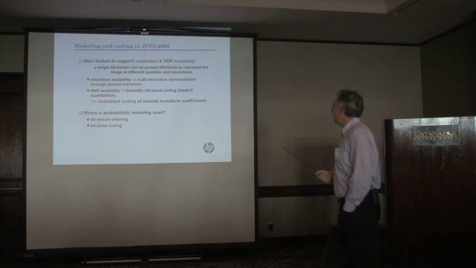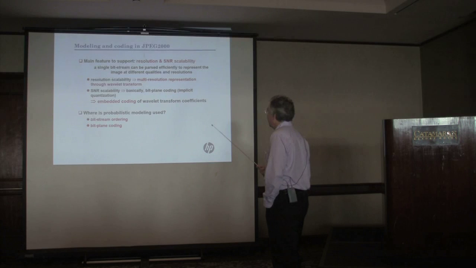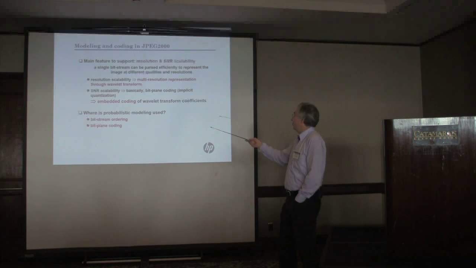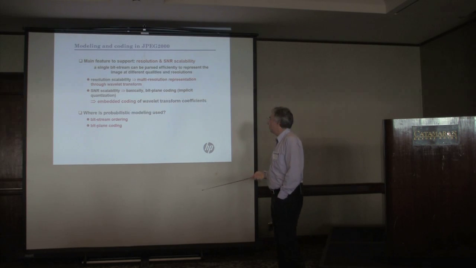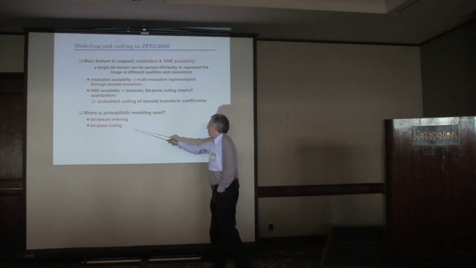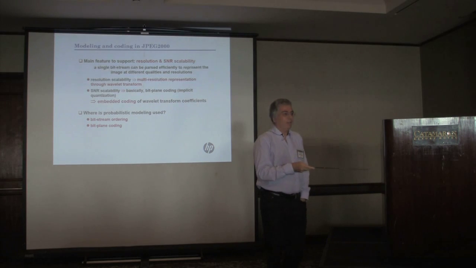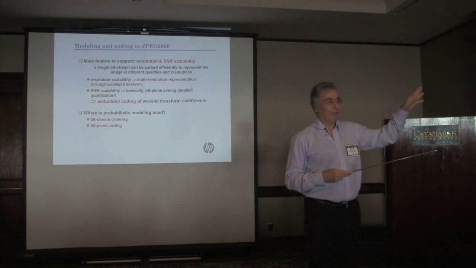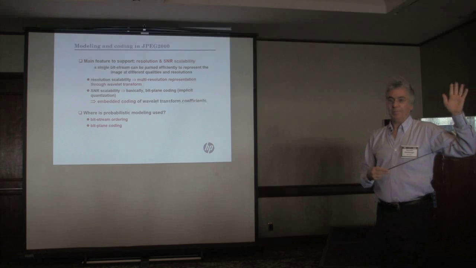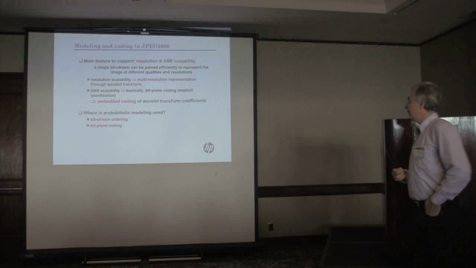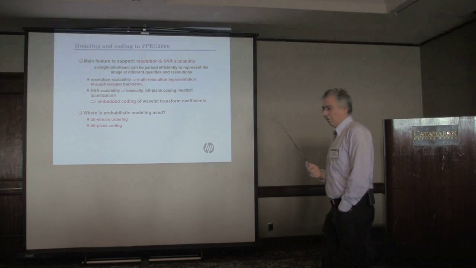But this brings an interesting question, and that's where, again, we are back to probabilistic modeling. So where is it used? First of all, it's used in the traditional way. When you do bit plane coding, you do the coding, which is context-based. And again, we are back to the same questions that we asked before, for binary data in this case. But also, there is a question of ordering.